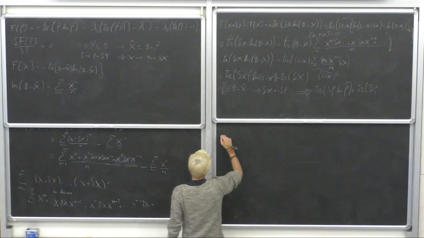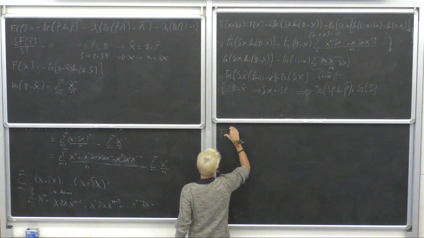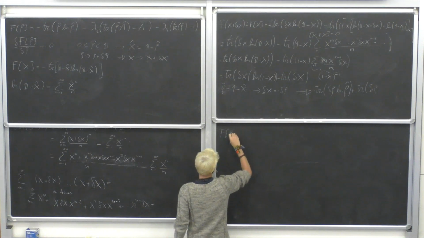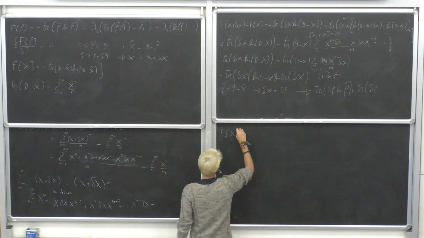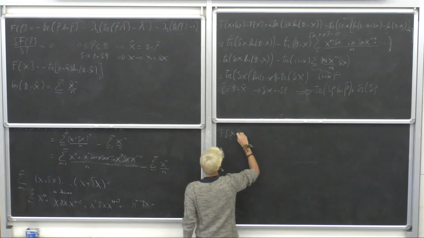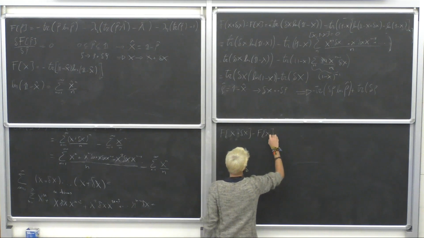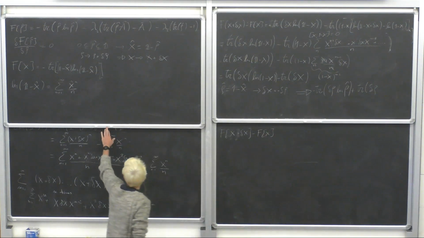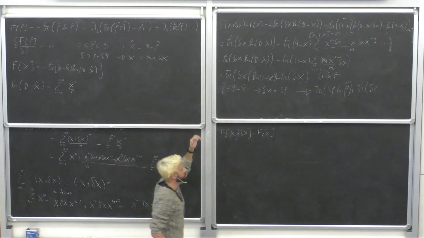Then at this point, I will do it with respect to x: f of x plus delta x minus f of x. The parts with the a and with the trace are trivial.